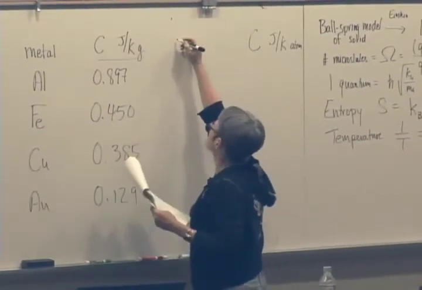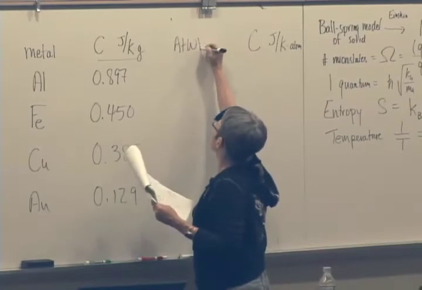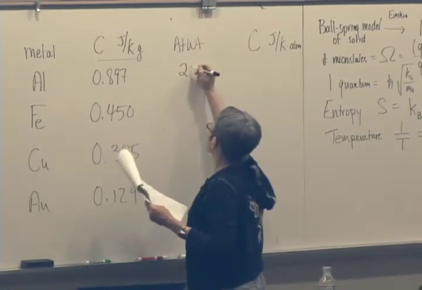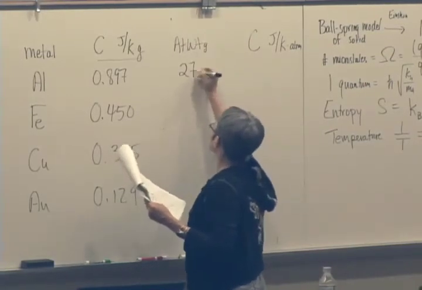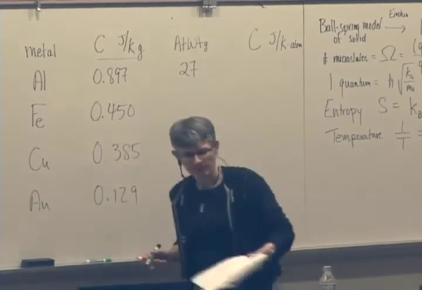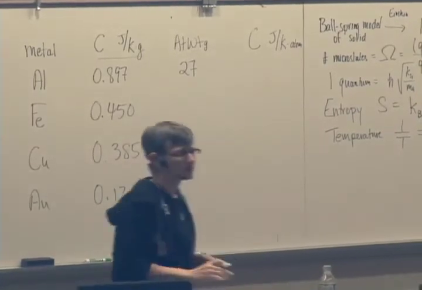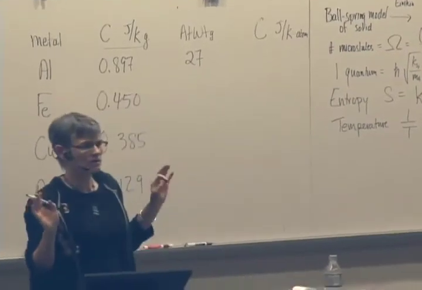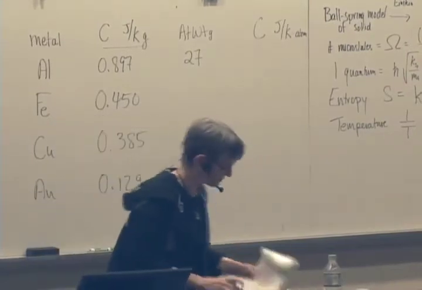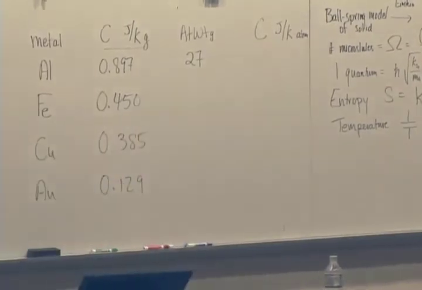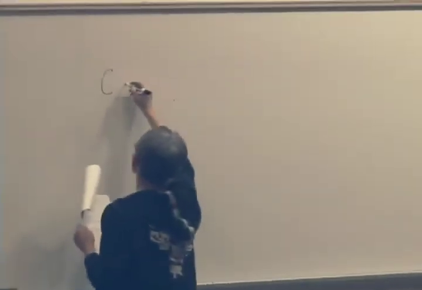So we need the atomic weight. In grams for aluminum, it's 27. Okay, so let's just convert it to specific heat on a per atom basis. So how are we going to do this? Avogadro's number is certainly going to come in there.